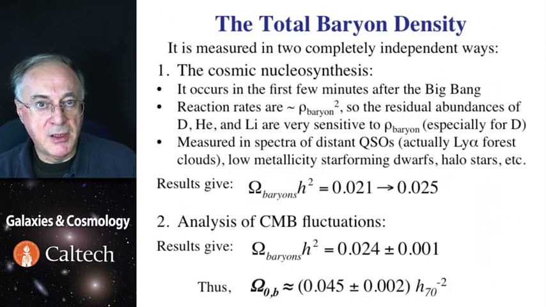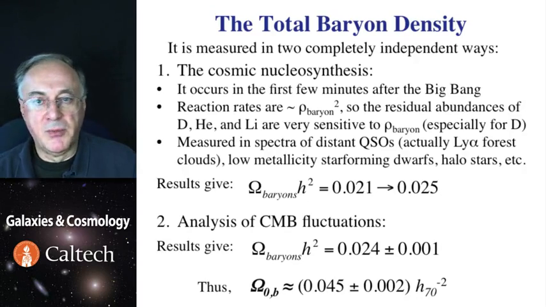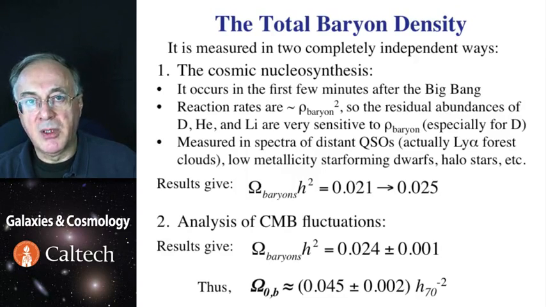A completely different approach, based on different measurements and different physics, is from acoustic oscillations in the early universe from the cosmic microwave background, and that produces a result which is in perfectly good agreement. So because of that, two completely different ways of measuring it yield the same result, and it's repeated again and again. We believe that indeed we do know that the total baryonic density in the universe corresponds to a density parameter, omega baryons, of about 5% or a little less.